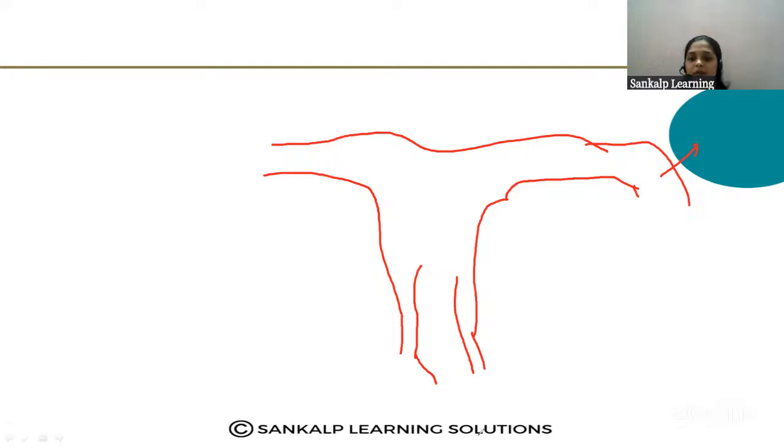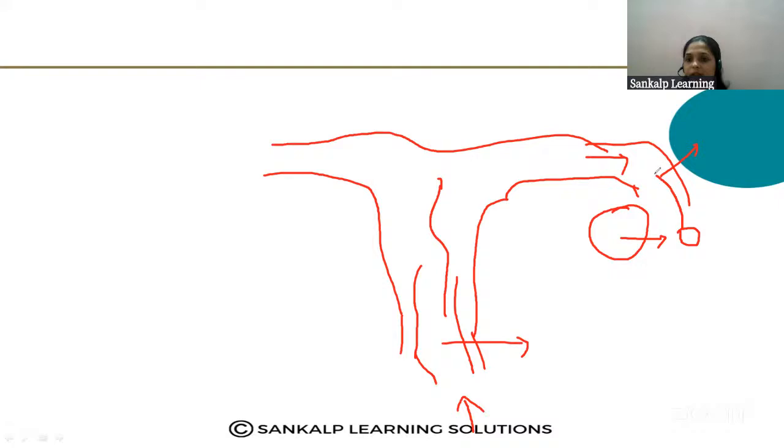When the semen is released into the vagina, it passes through the cervix, you know that, moves into the uterus, and then reaches the ampullary region. The ovary releases the ovum, you know that, and this ovum also moves in the oviduct and reaches the ampulla region. Exactly in this region, the fertilization takes place. Okay, so this is about how fertilization takes place.